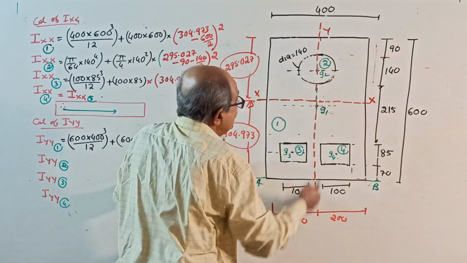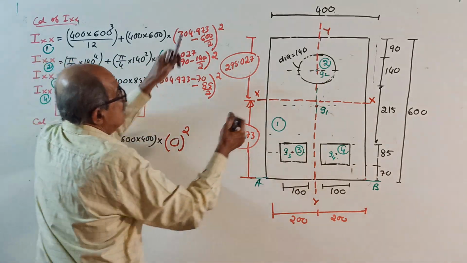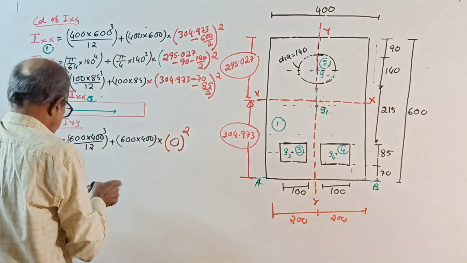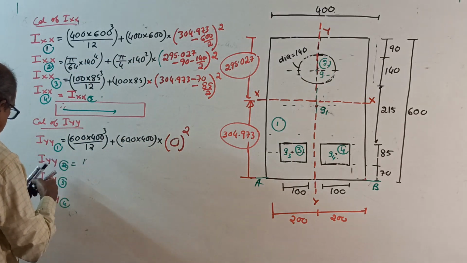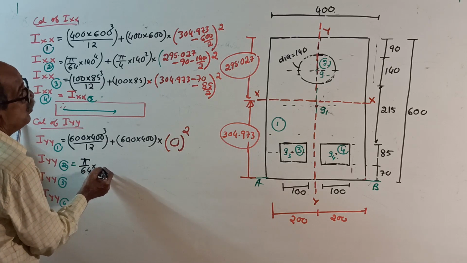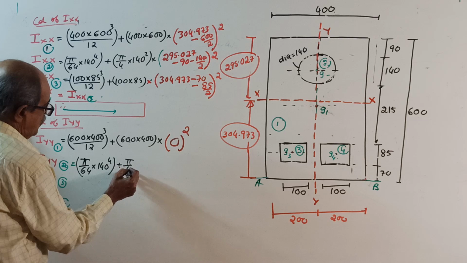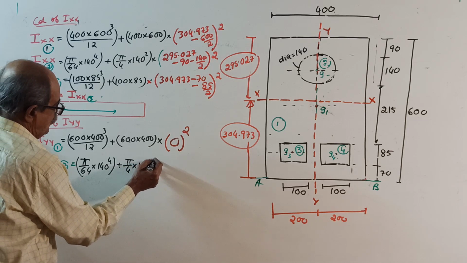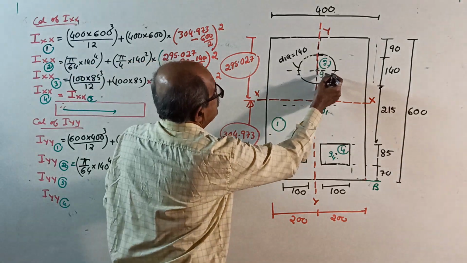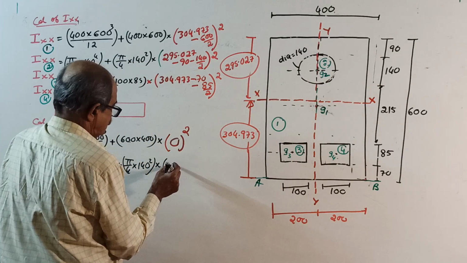Centroid G1 lies in YY, therefore into 0 square. Calculate. Iyy for 2. I about its own centroidal axis: pi by 64 into 140 power 4, plus pi by 4 of 140 square into, again G2 also lies in YY. Therefore, once again, 0 square.